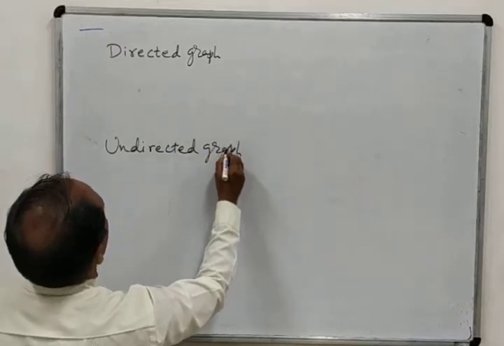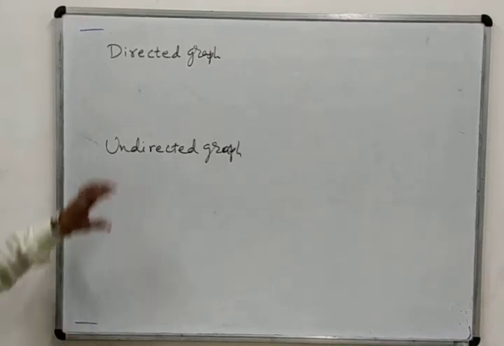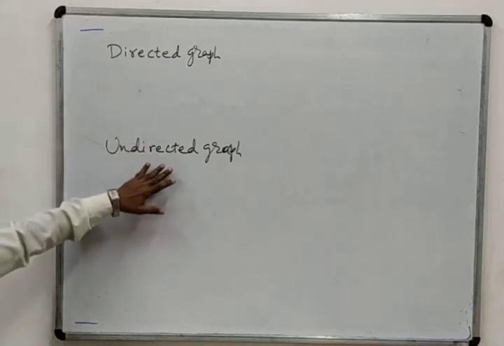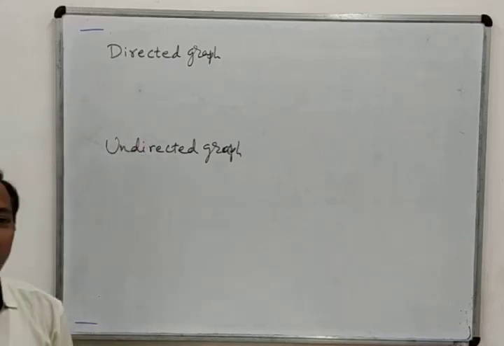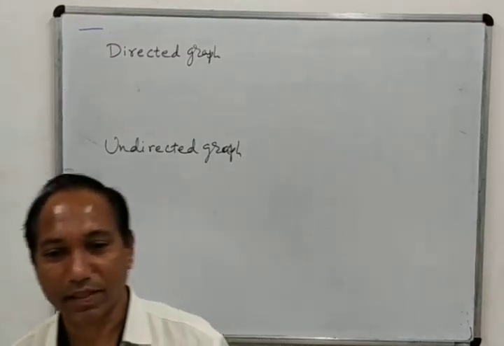The details about directed graph we will see later on, but at present we will see its definition. Undirected graphs are the graphs whichever we have seen in all the previous lectures.